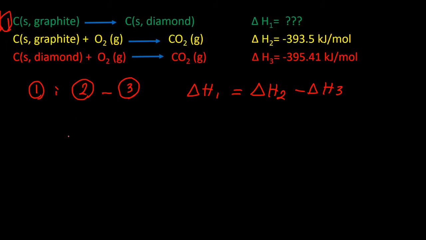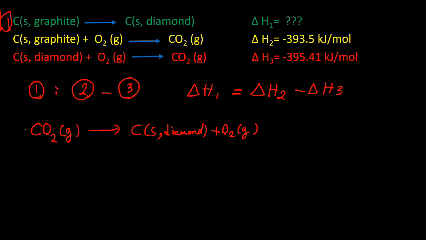Let's check this one, see if we are right. So I add reaction number 2 to the reverse of reaction number 3. The reverse of reaction number 3 is CO2 gas gives us C in the form of diamond plus O2 gas.